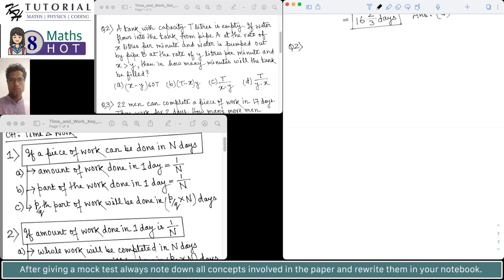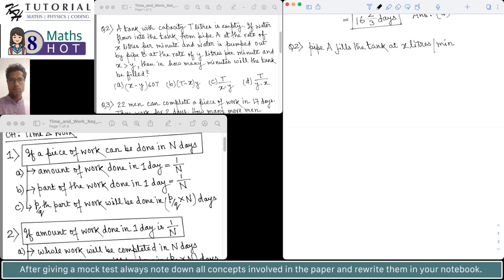Okay, so it is given that pipe A fills the tank at X liters per minute. Now the unit of time in this problem is minute, so we will consider all units of time to be minutes. So pipe A fills the tank at X liters per minute.